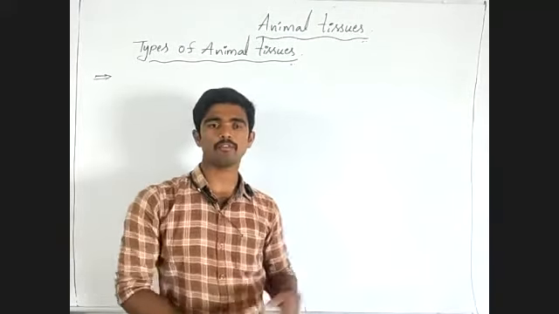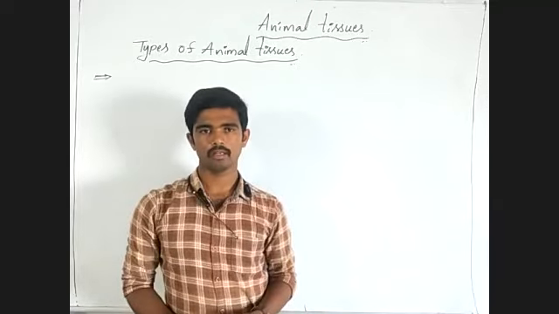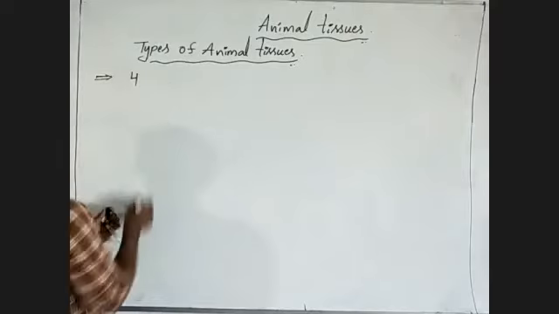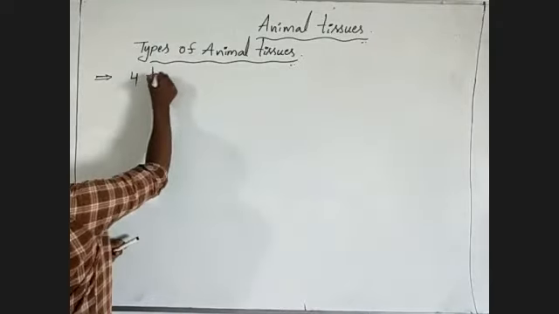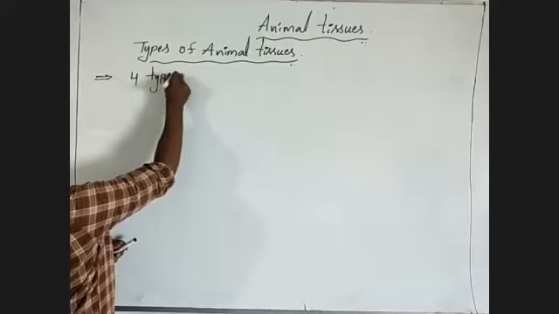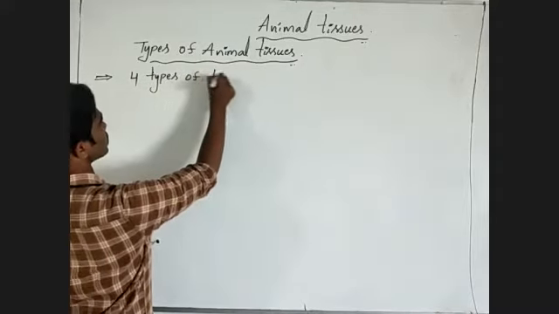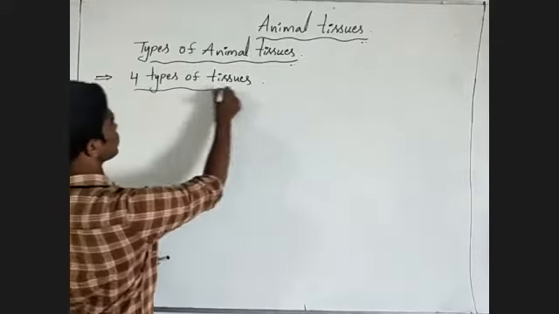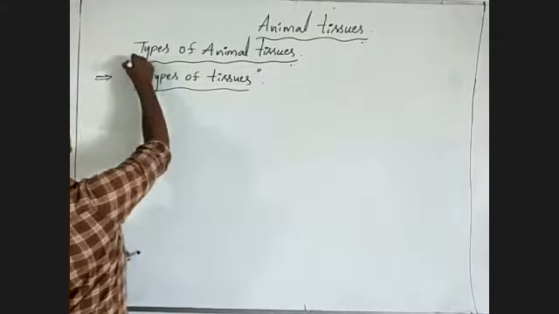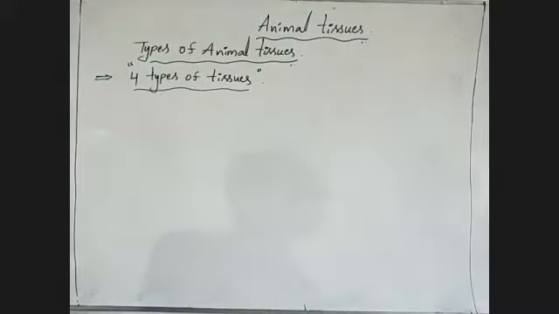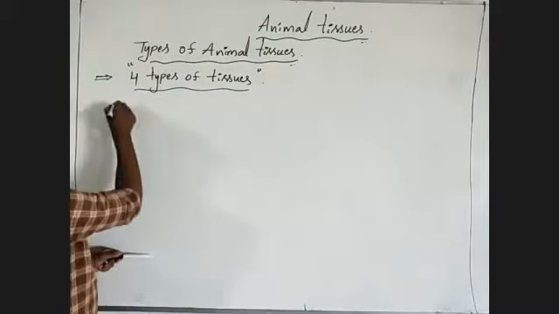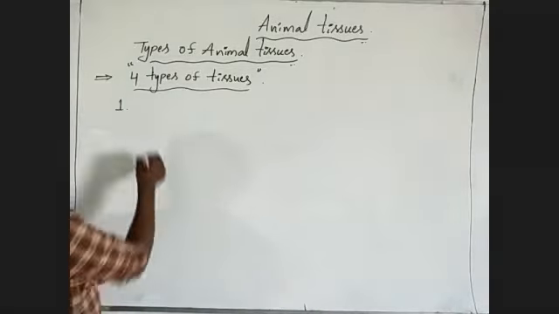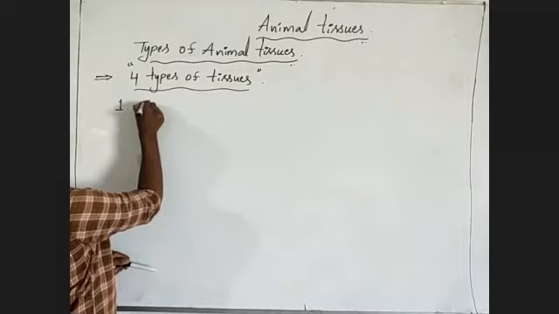Some tissues perform one type of function. Majorly, 4 types of tissues are present in animals. What are they? The first one is epithelial tissue.